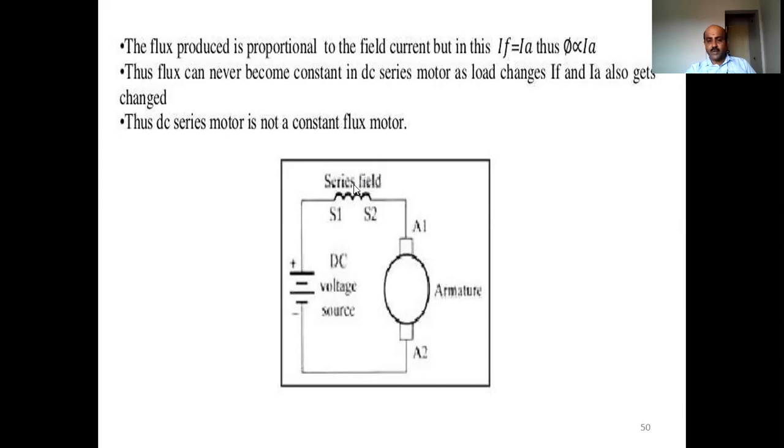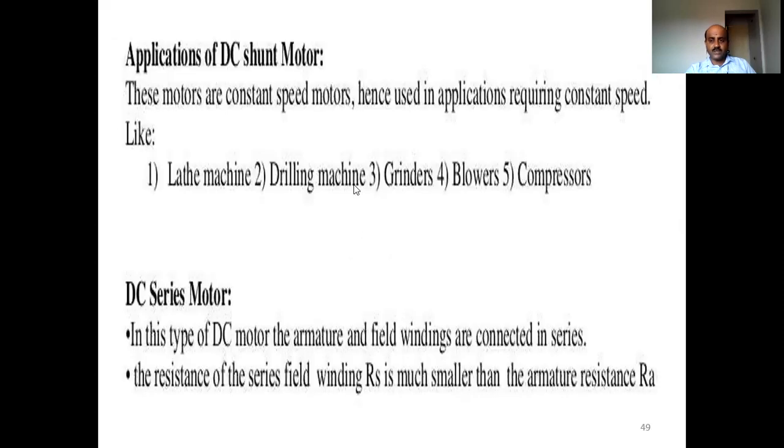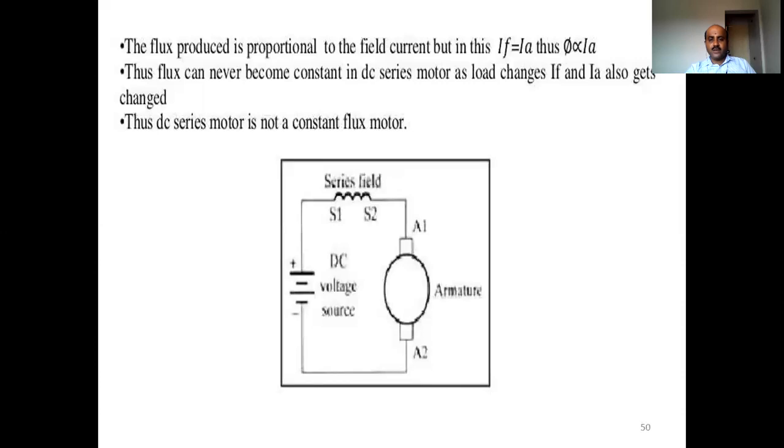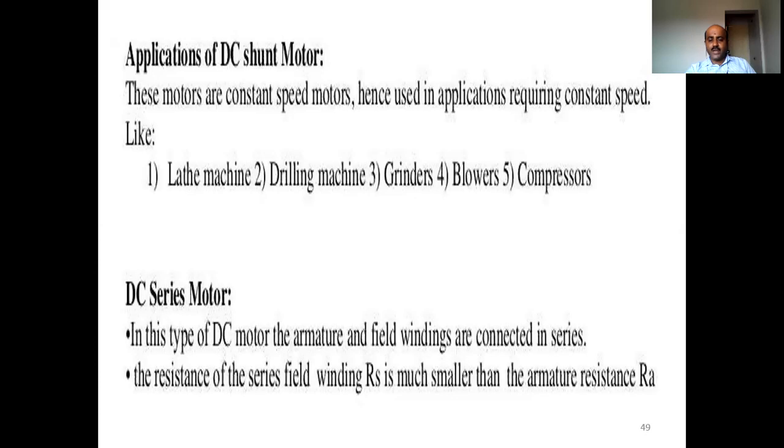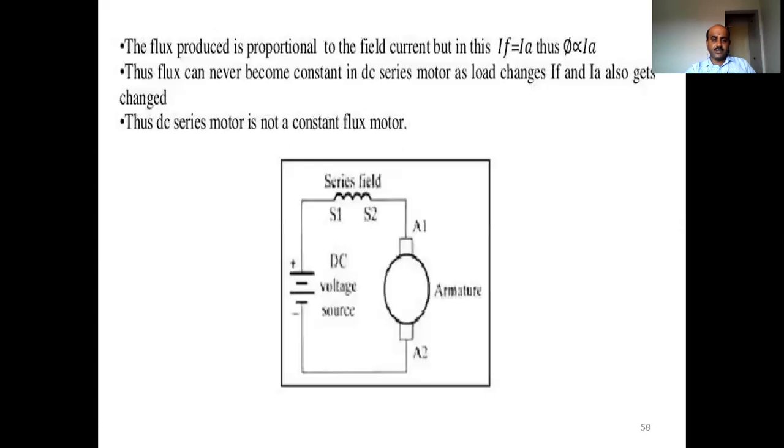See, in this case, what happens? In DC series motors, the field windings and the armature, so this is the armature here for you, and this is the field, the magnetic field or field windings, we can call it.